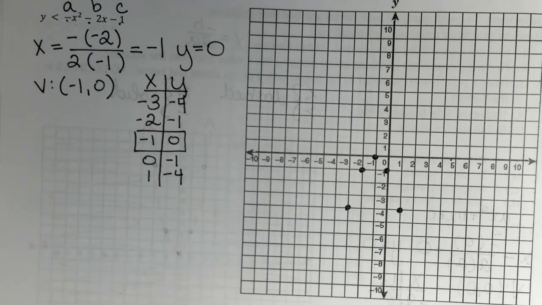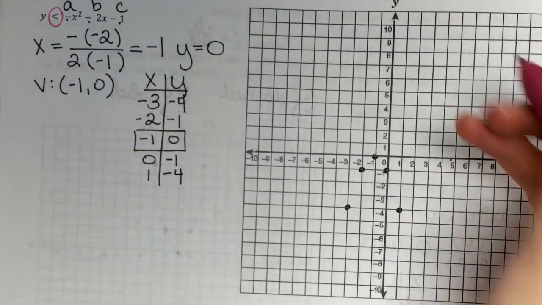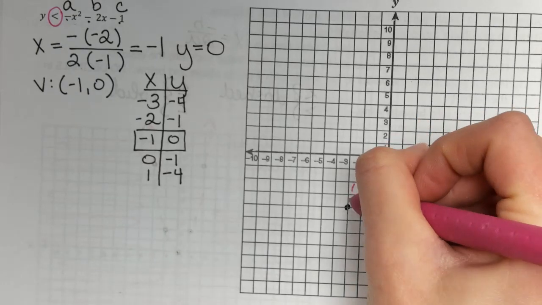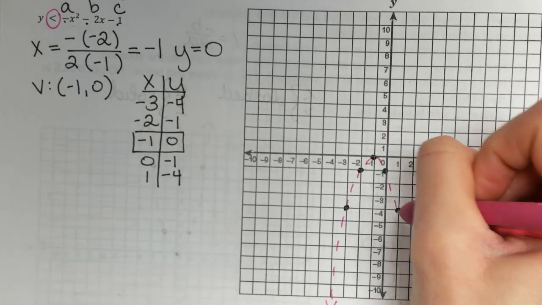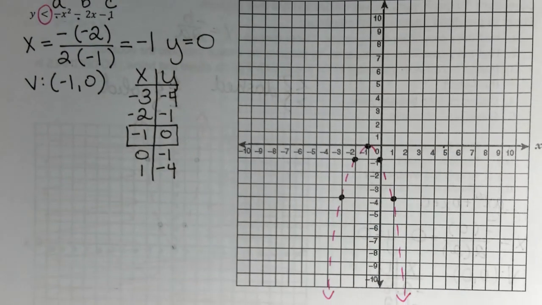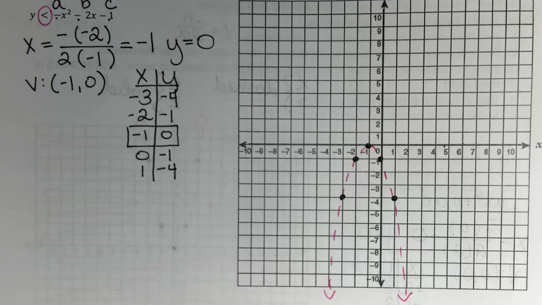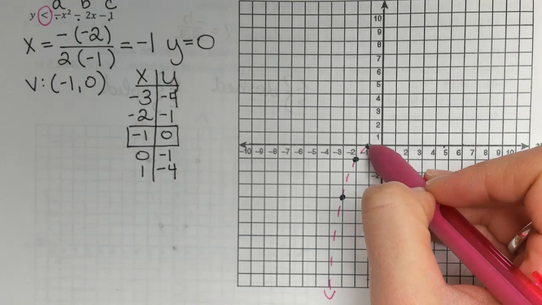Am I going to have a dashed or solid line? My inequality is less than, so it's going to be dashed. Okay? Less than, I start at my vertex and I go where?